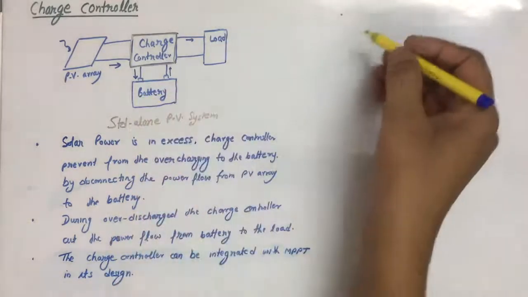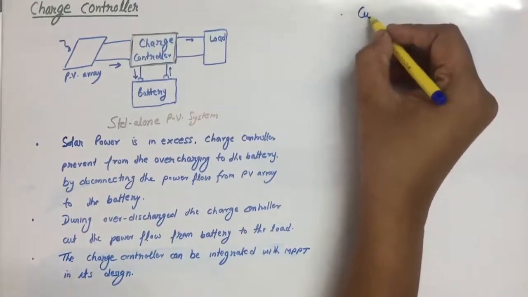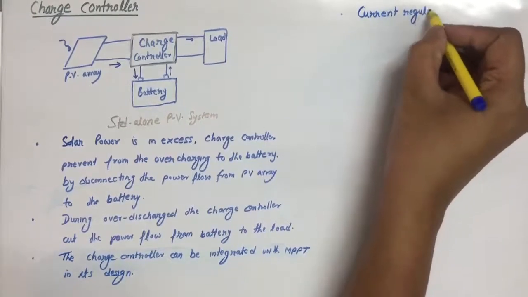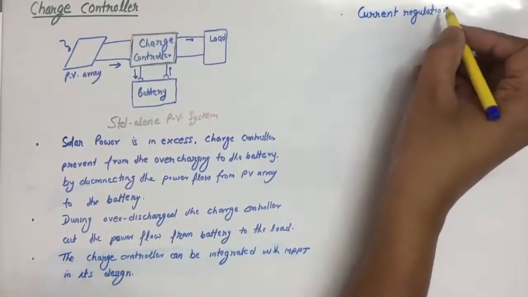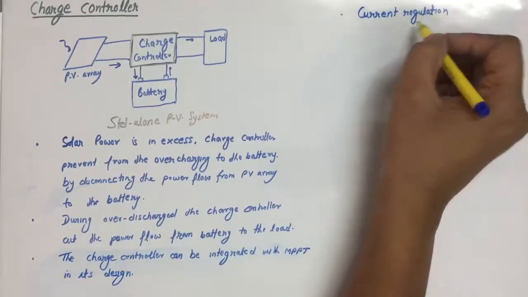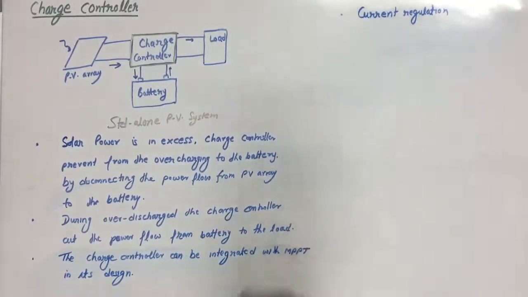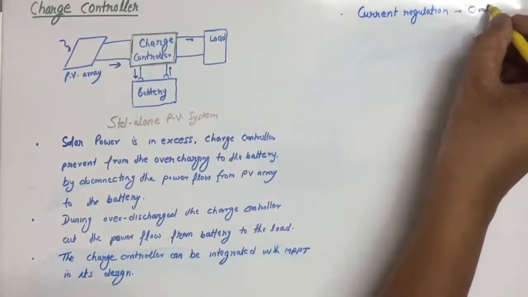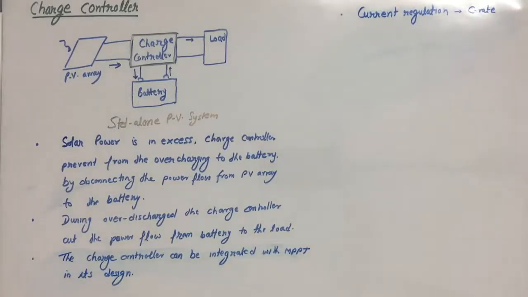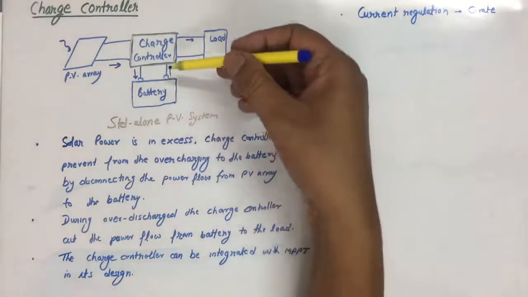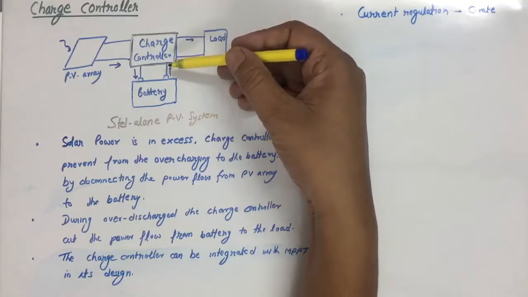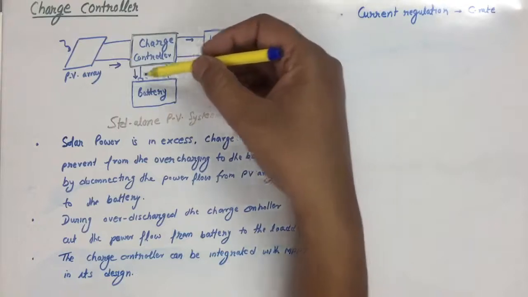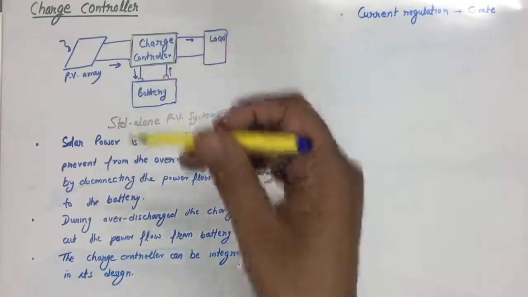The charge controller also performs current regulation. With proper current regulation, the charge controller is able to control the C rate of the battery, and it can impose a limit on the maximum allowable current flowing into and from the battery.